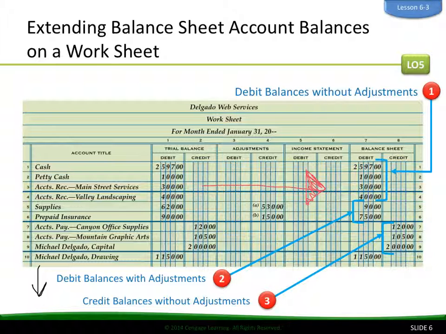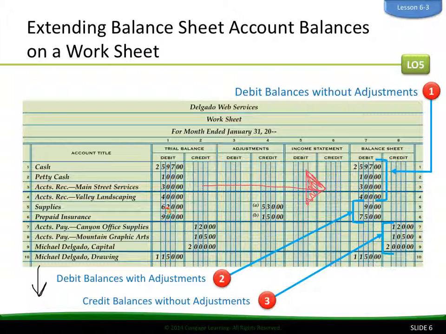So if you look at the debit balances without adjustments, that's lines 1 through 4, cash, petty cash, accounts receivable, lines 1 through 4. All we did was carry this over. Got it? Pretty simple. And then we look at the debit balances with adjustments. So I've got my original debits, the adjustments, and the subtraction.